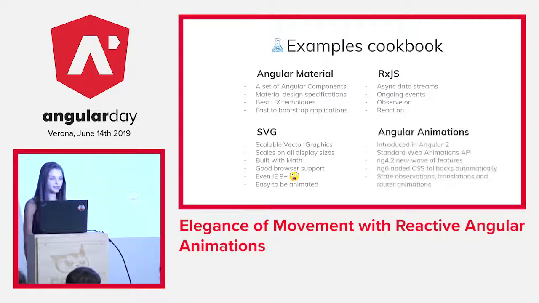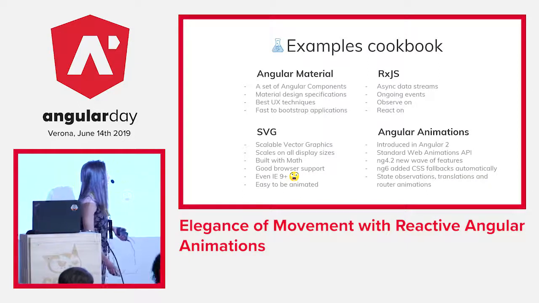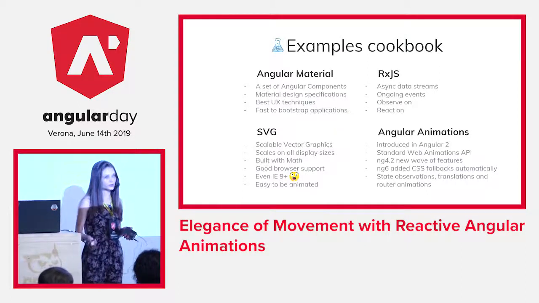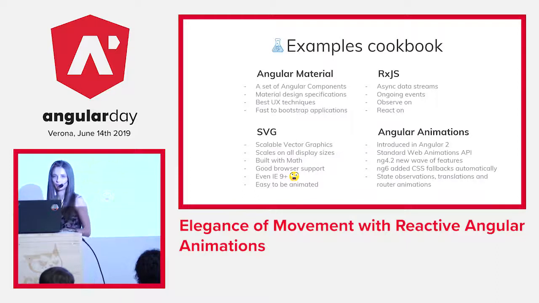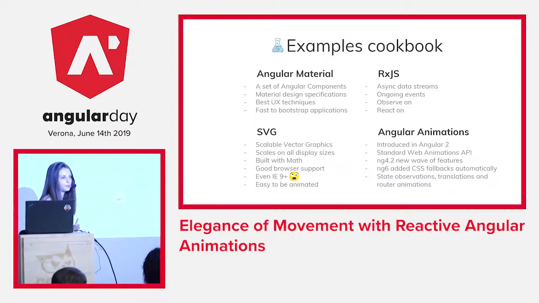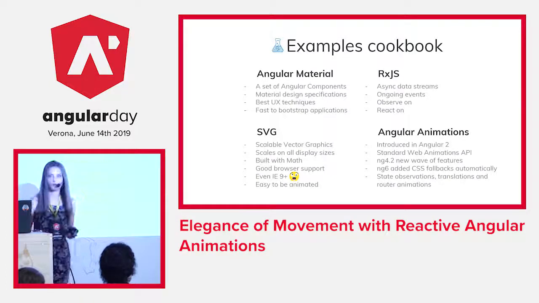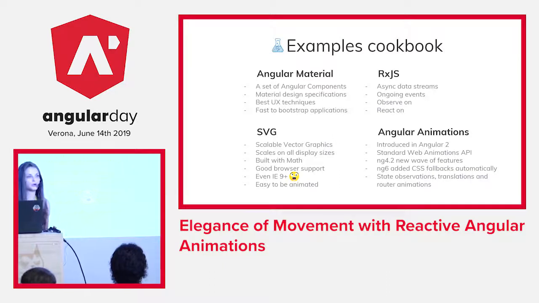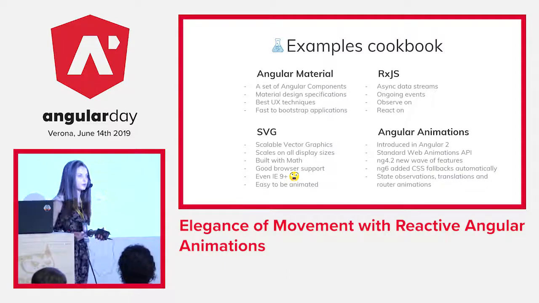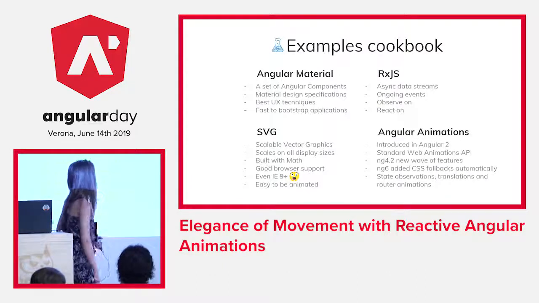Okay, now let's go back through some Angular Animations history. Angular Animations got introduced back in the Angular 2 release, and they're built on top of the standard Web Animations API. This is cool because we're striving for CSS performance with the flexibility of JavaScript and the control, of course.